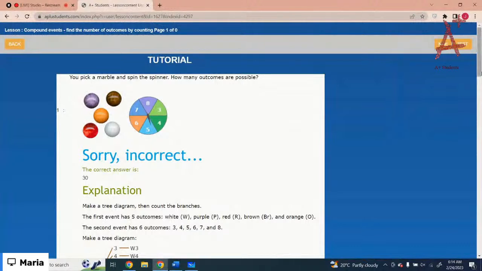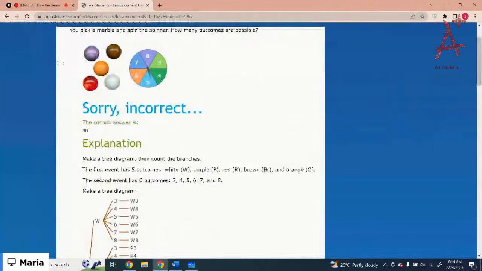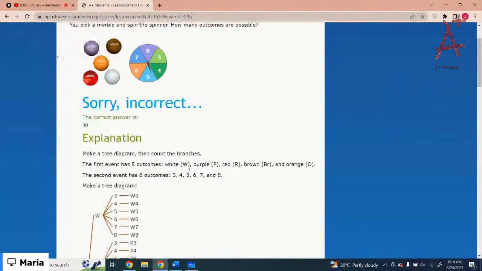Let's suppose you selected the white marble. How many options do you have? 1, 2, 3, 4, 5, 6. You have 6 options. You can select any number, it may be 3, 4, 5, 6, 7, 8. So for one color, for white, you have 6 options.